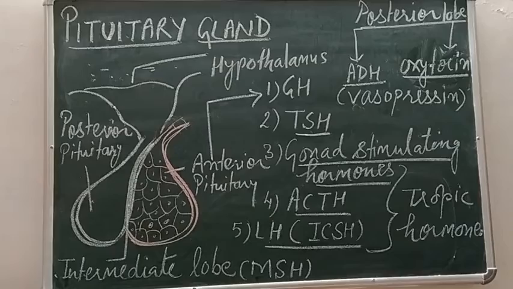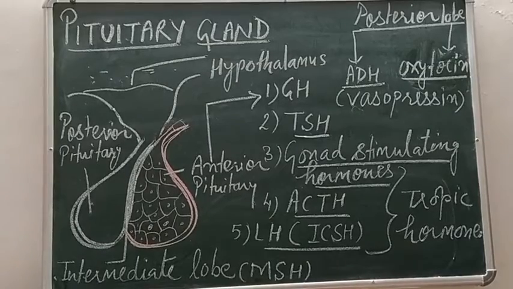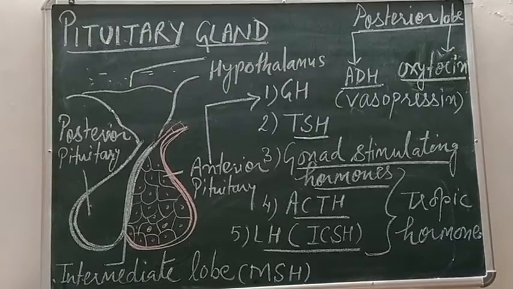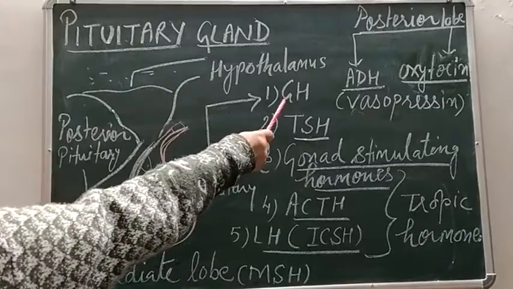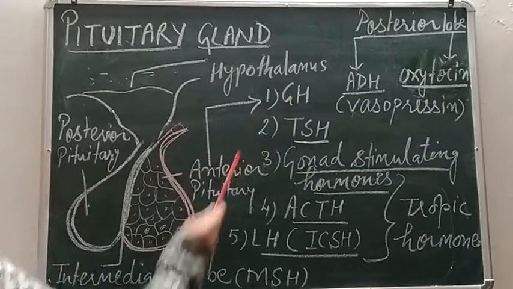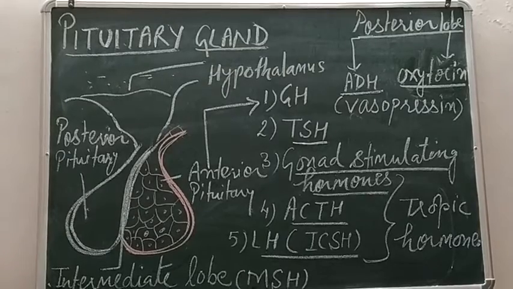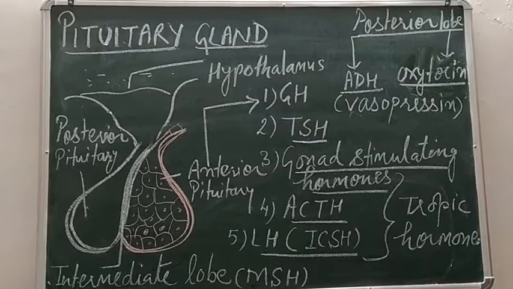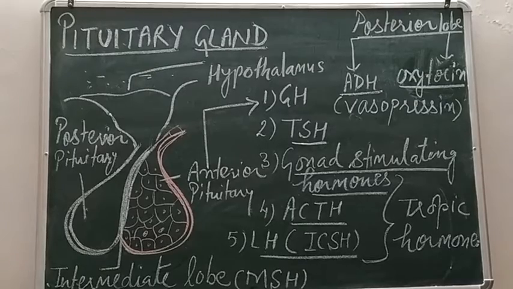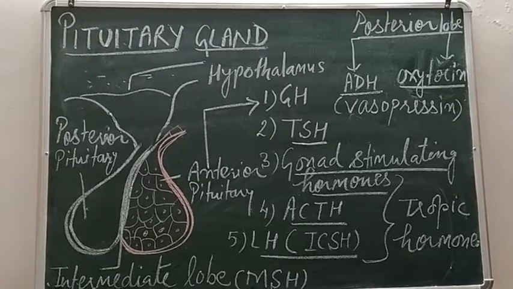Now I am explaining to you about GH, growth hormone. As the name indicates, this growth hormone helps in the growth of a person, especially during adolescence and other phases of life.